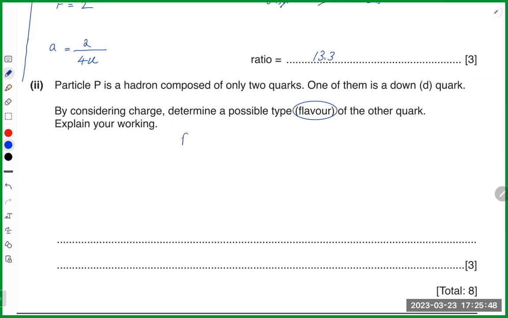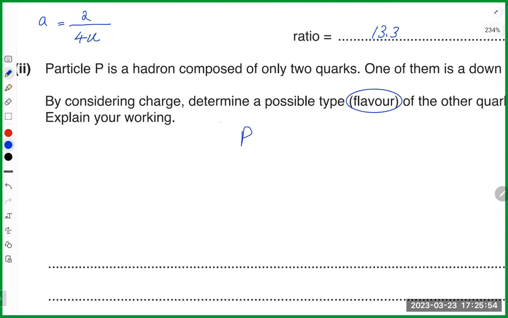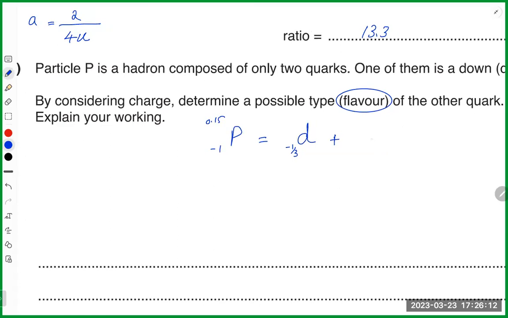As we know, particle P has a mass of 0.15 and charge -1. So it is composed of a down quark, which is -1/3, plus a question mark particle that is missing.